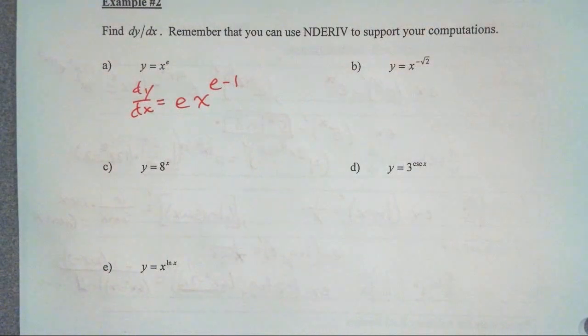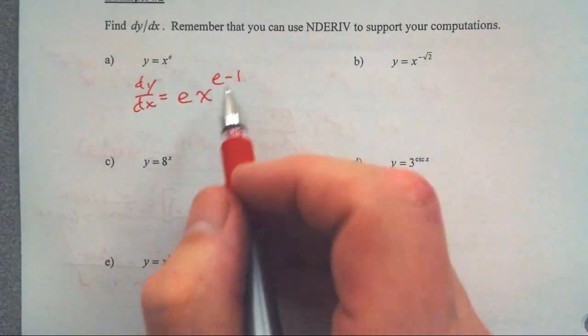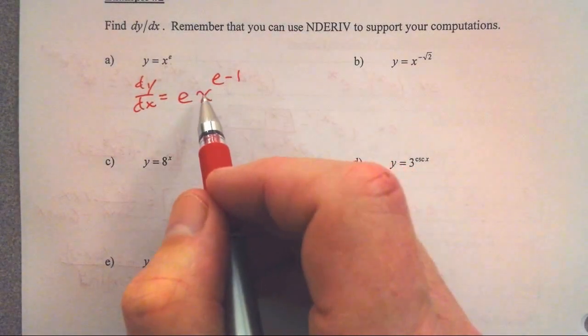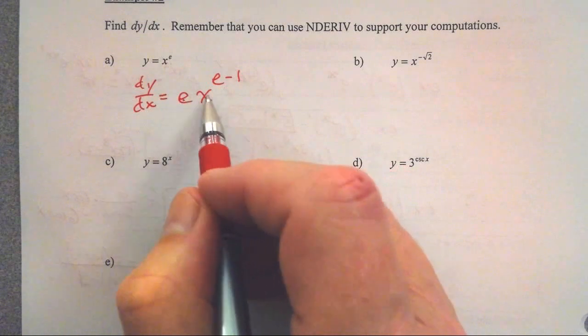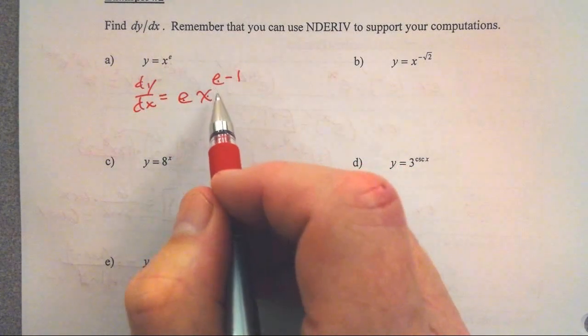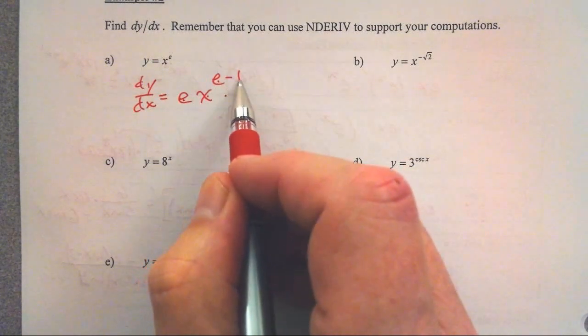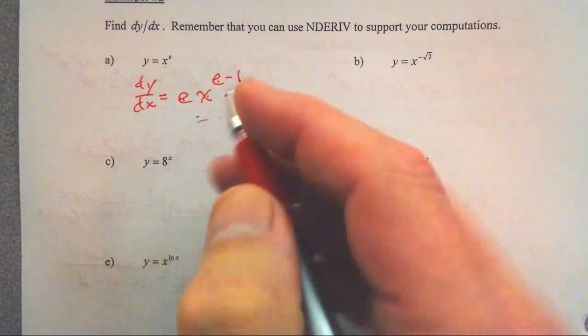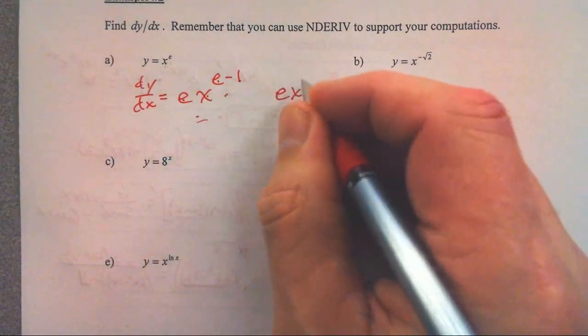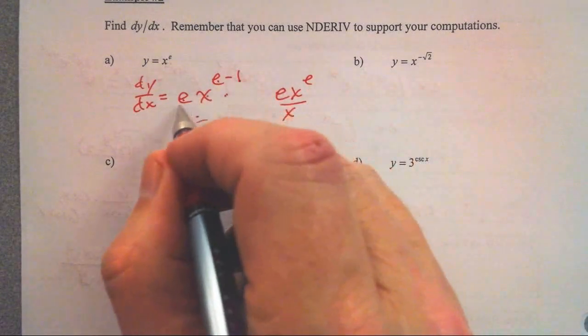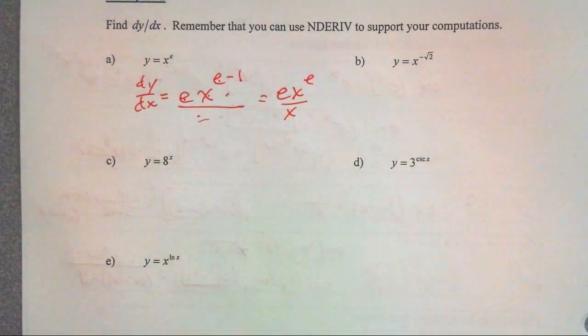Now, how might we simplify that? We could say this is like e x to the e times x to the negative 1st, and put that x in the denominator, so it could actually be e x to the e on x, but I think I like this just as much as that.